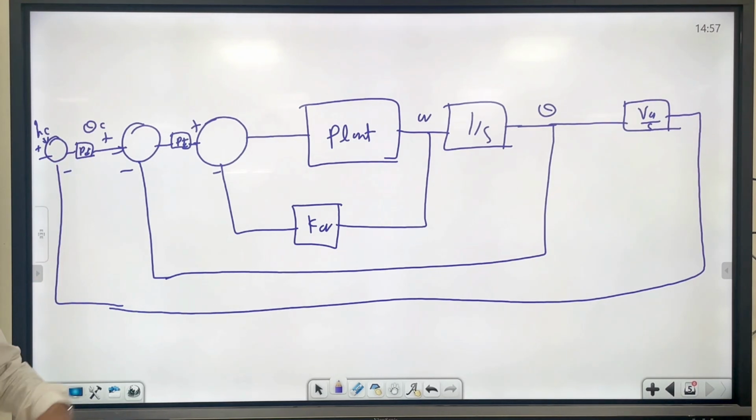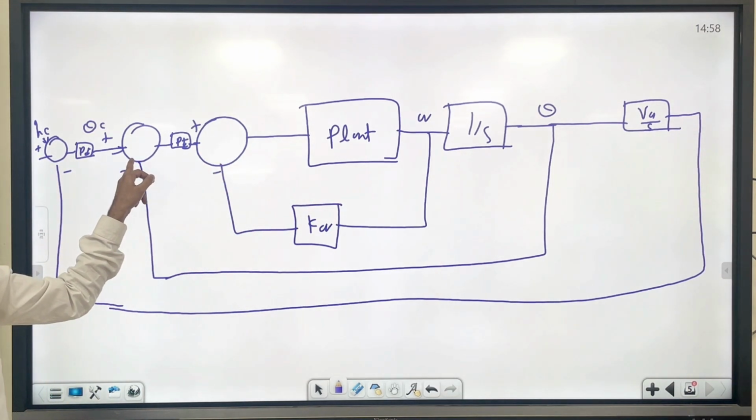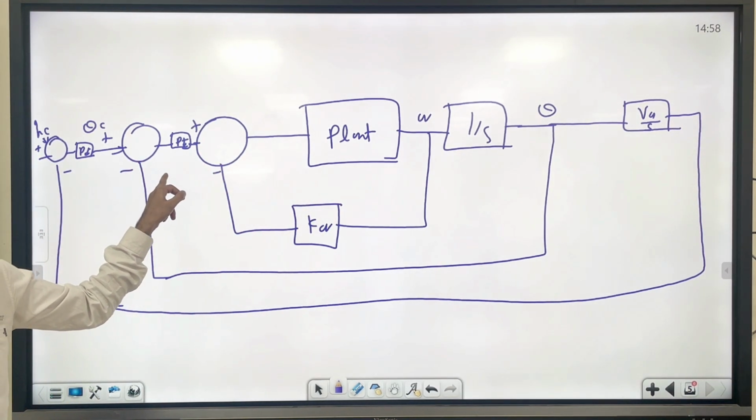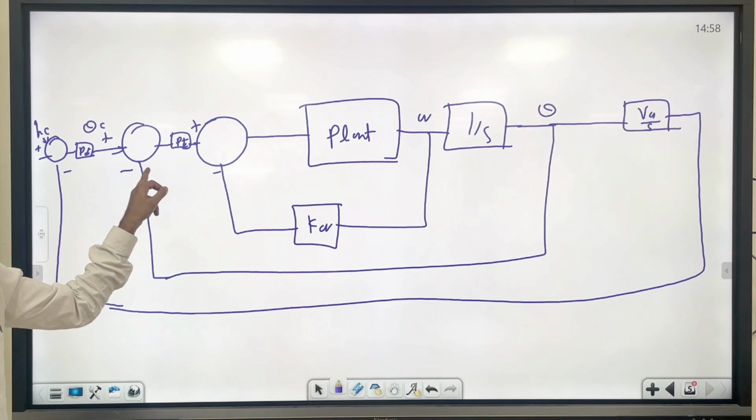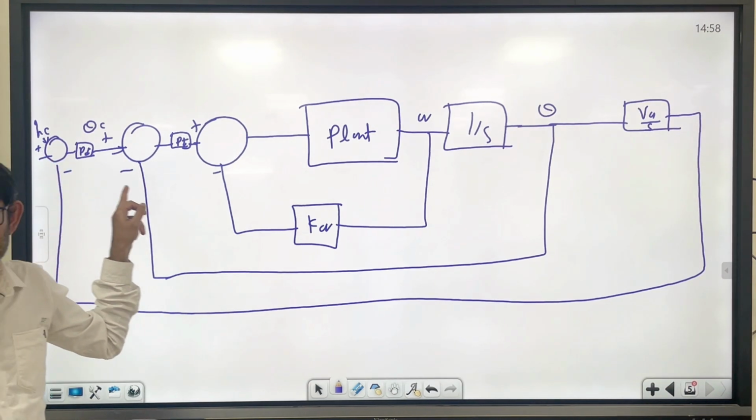So please note that for the innermost loop, the command variable is given by the theta loop, and for the theta loop, the command variable is given by the altitude loop.